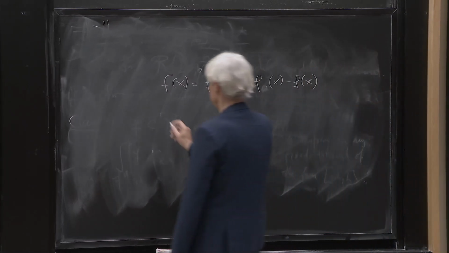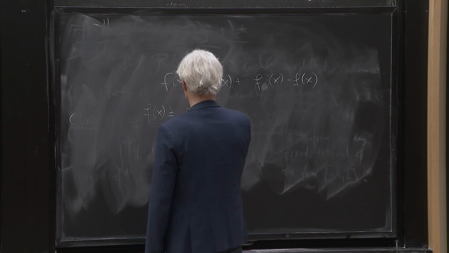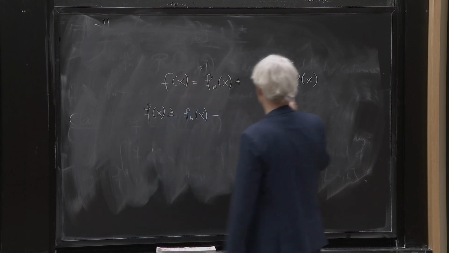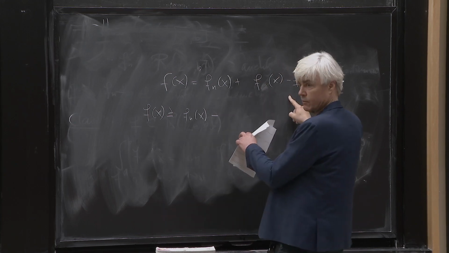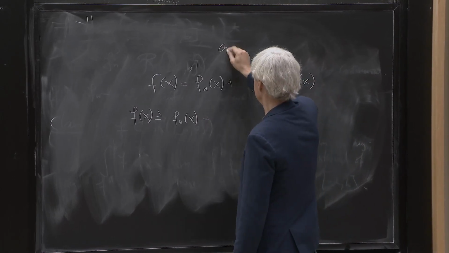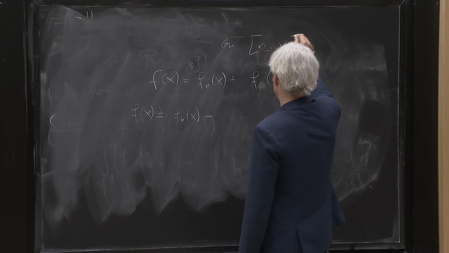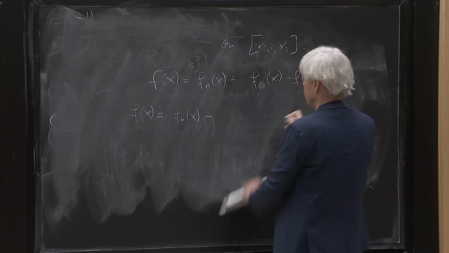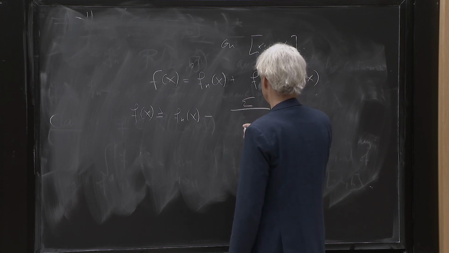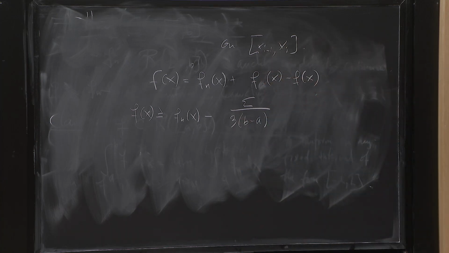And so this means that f of x is bigger or equal to fn of x minus, if you think that this here becomes negative, the worst it can become negative, for any interval, is epsilon over 3(b minus a), like that. Right? So you always have this. Okay?